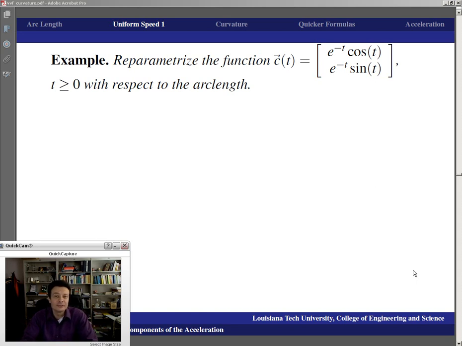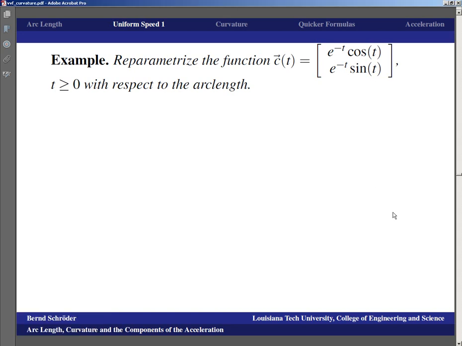If you currently feel the same characteristic headache feeling that comes from concentrating on something that is really hard, then it may be a good time to just take a quick break. But the one thing you're not going to do is quit on me, because we've got a whole lot more to do here. So let's reparameterize this thing with respect to the arc length.